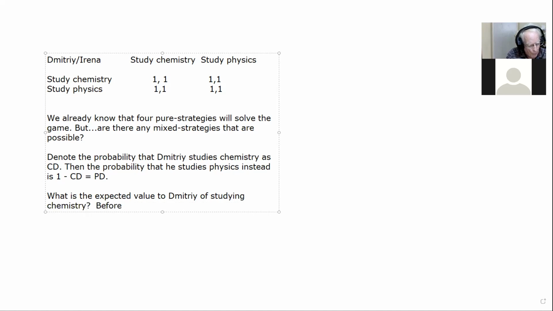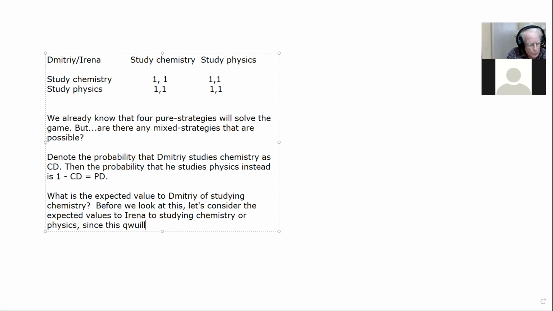Let's consider the expected values to Urbana of studying chemistry or physics. This will give us the probability that Dimitri studies chemistry.